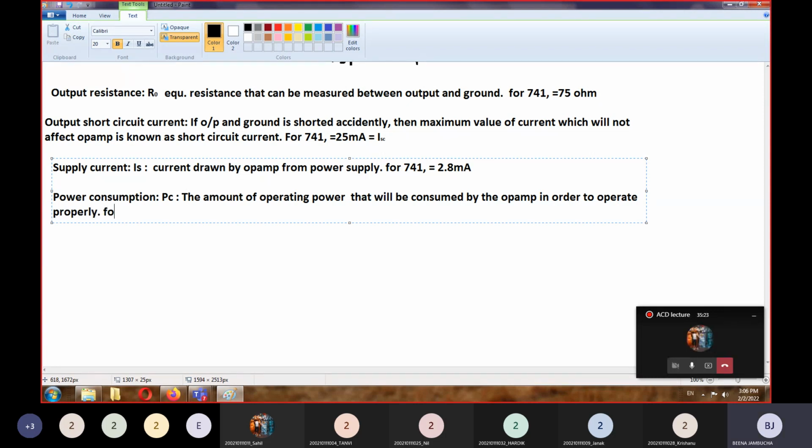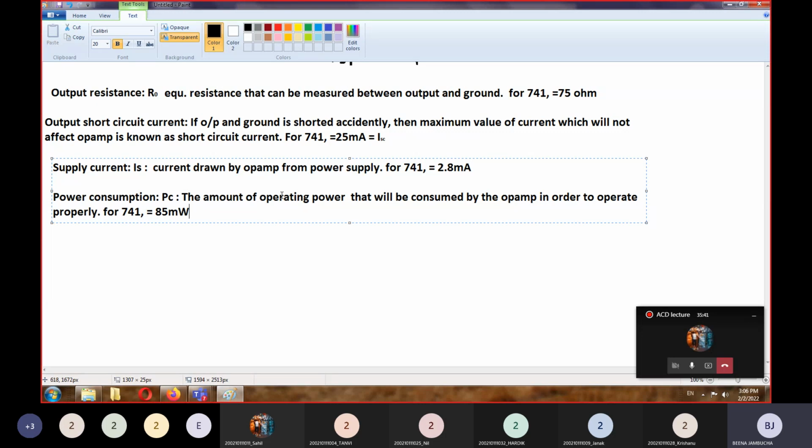And for 741, this value is near about 85 milliwatt.